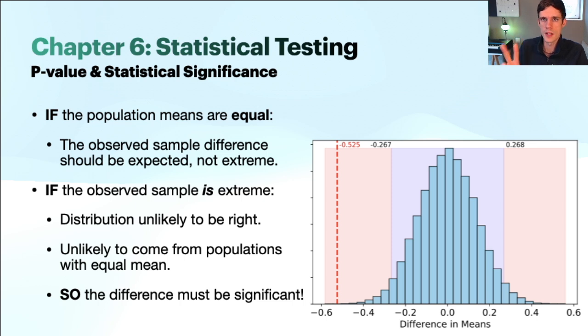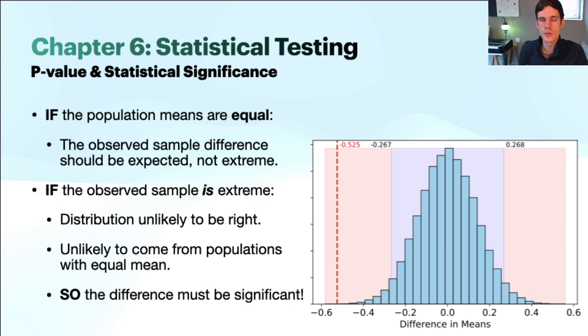The second scenario deals with the case where the value of our specific sample statistic is extreme compared to this underlying distribution, meaning that our value falls at the edges of this histogram. Now, because our sample statistic is an extreme value, the underlying distribution that we compare it with is unlikely to be the right one, simply because of the fact that it is unlikely to observe extreme values.